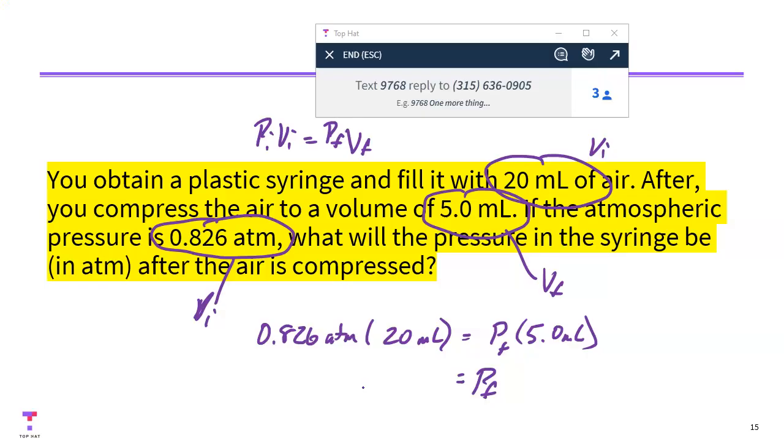So 0.826 times 20 divided by 5, to two significant figures, is 3.3 atmospheres. When the numbers are nice and even like this, it's actually really easy to see the relationship. This contracted by a factor of 4, which means the pressure is going to go up by a factor of 4. So this times 4 gives us 3.3.